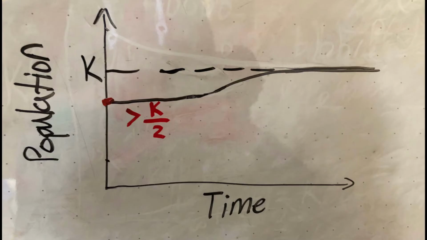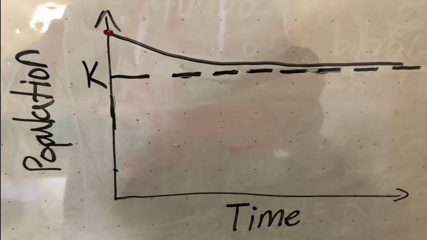However, if you look here, if the initial population starts above half of the carrying capacity, then the instance where the population starts, that is when it is growing the fastest. And if the population starts above the carrying capacity, then wherever it starts is also where the population, well, it's not increasing the fastest, but it is changing the fastest at that point.